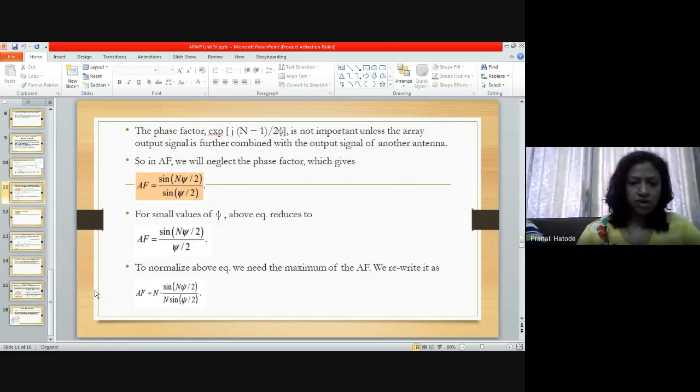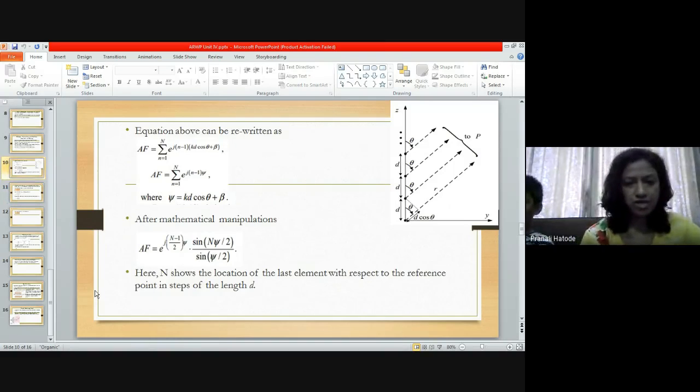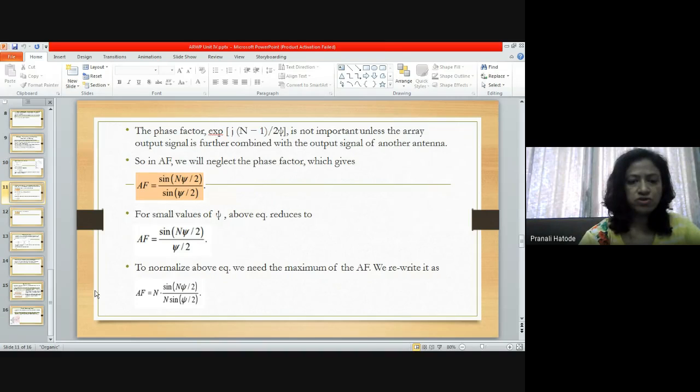Now in the above equation, there is an exponential factor which the equation shown over here doesn't include, because this exponential factor must be considered only when the output of one array has to be combined with the output of another antenna. If not, you can eliminate this factor.